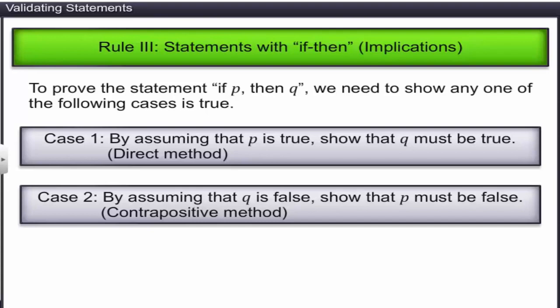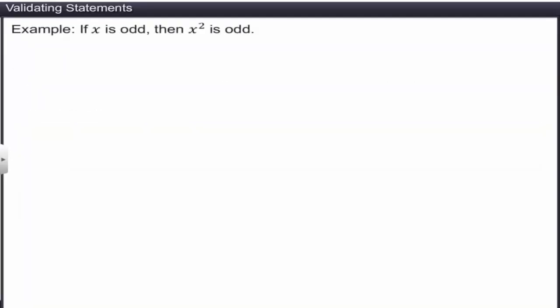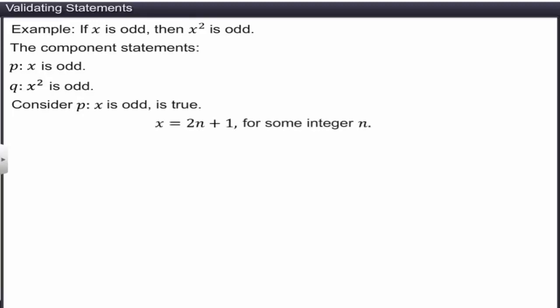Let's prove the statement. If x is odd, then x squared is odd. The component statements of the compound statement are: x is odd, x squared is odd. To validate the given compound statement, let's consider that the statement P is true. Let x be 2n plus 1 for some integer n, by the definition of odd number.